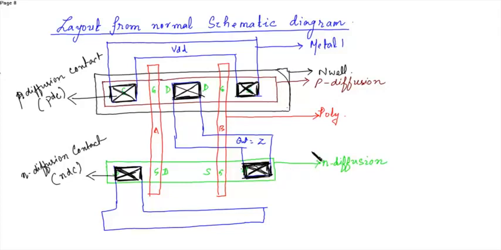Okay, then after placing the N diffusion contacts, we need to place the substrate contacts in the sources, that is VDD and ground.